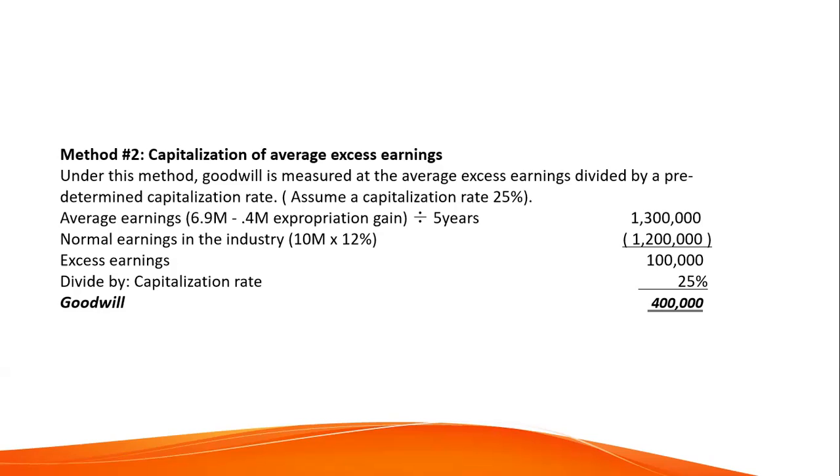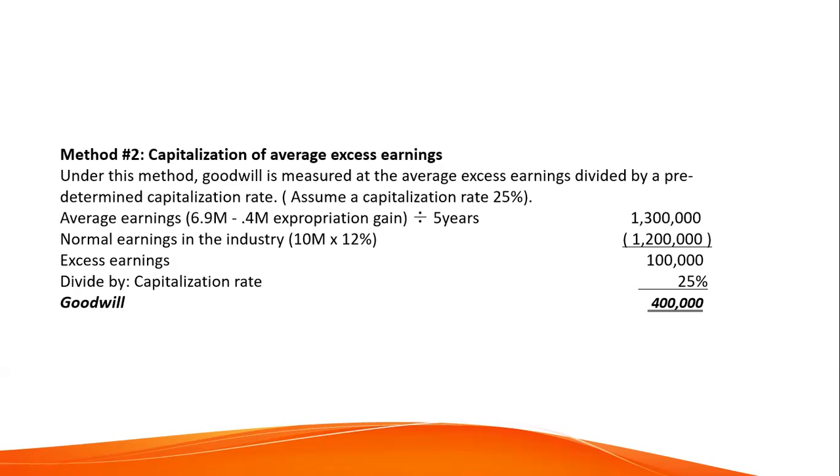Okay, next, in method 2, we are going to determine goodwill by capitalizing average excess earnings. So, under this method, goodwill is measured at the average excess earnings divided by a predetermined capitalization rate. Assume a capitalization rate of 25%.